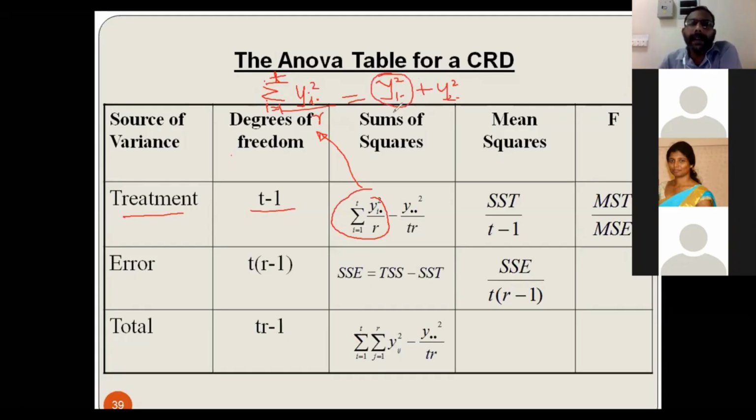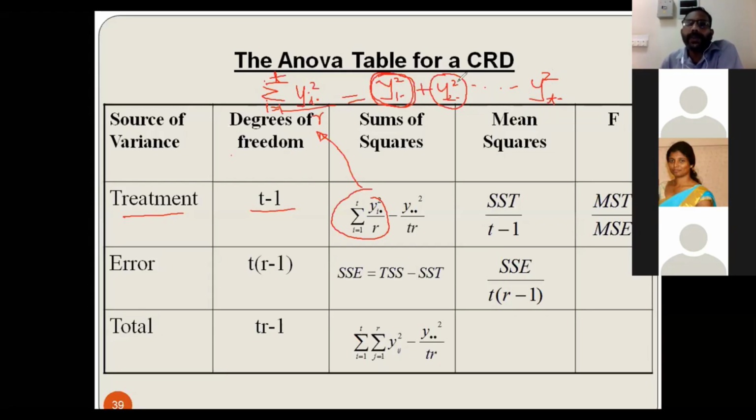What is this? Anyone? Treatment is constant. It is the total of first treatment. It is the total of second treatment. So likewise, it goes up to Yt dot, because we don't know. This is a general term.